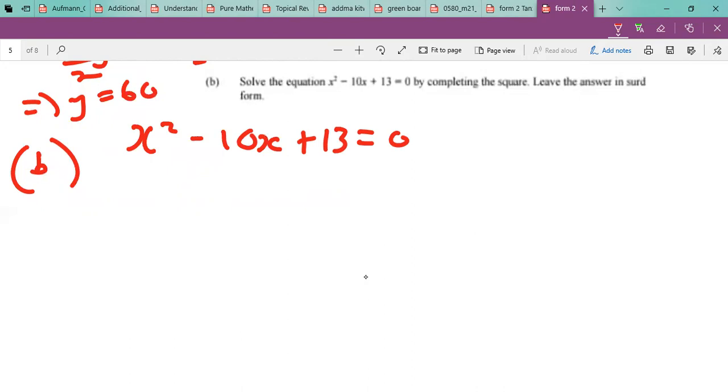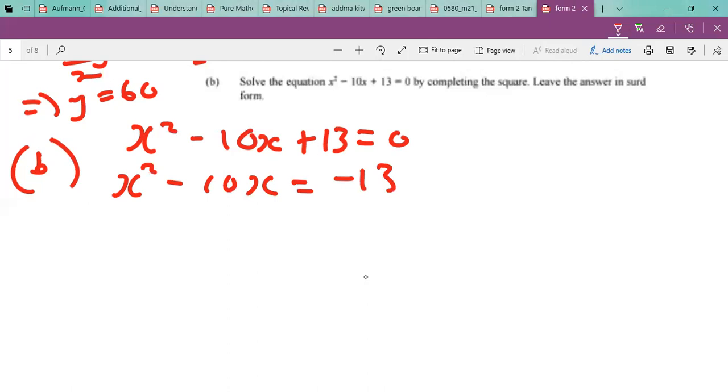So, because the coefficient here is 1, it means we are good to go. If we had the number 2, we are going to divide it by 2 throughout. Before you calculate, you must ensure that the coefficient of the variable that is raised to power 2 is a 1. Then you can take the constant to the right-hand side, so there will be negative 13.